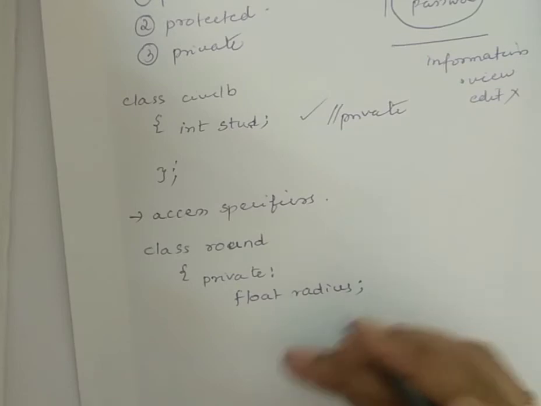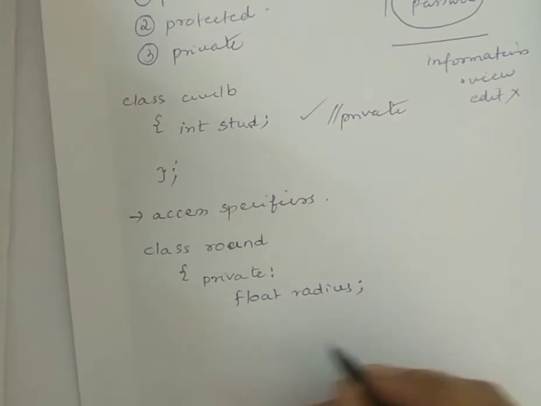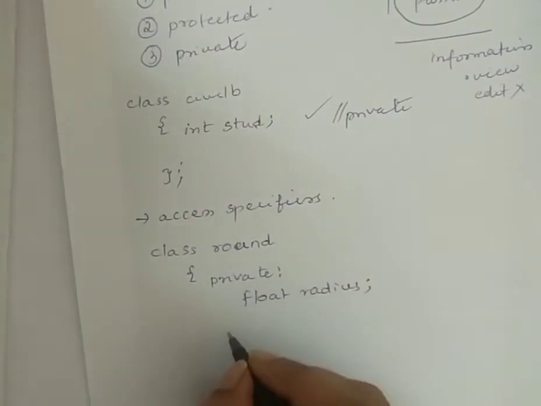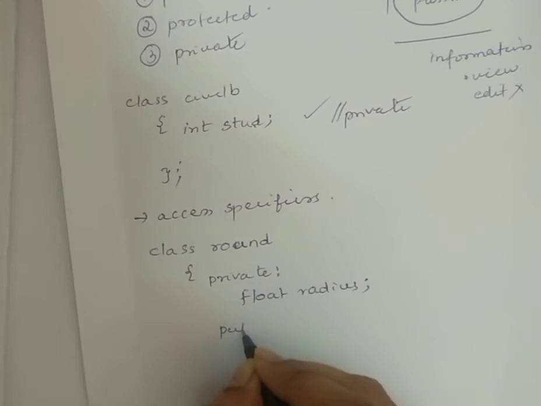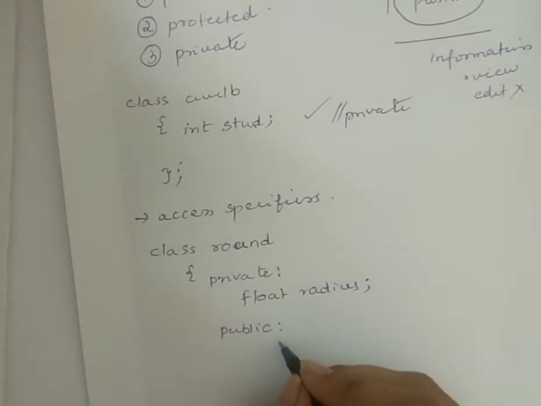Now how to write the public member inside a class? Again, use the access specifier. Which one? Public. I am writing public, putting a colon, then whatever things I am writing below the public access specifier are made a public member.